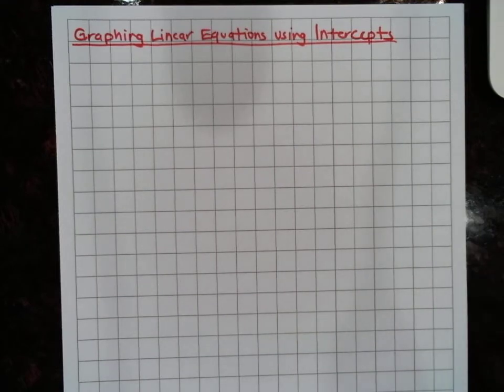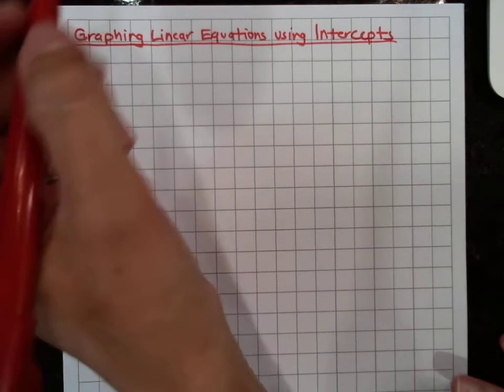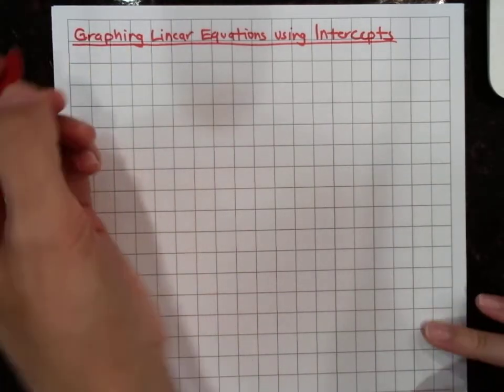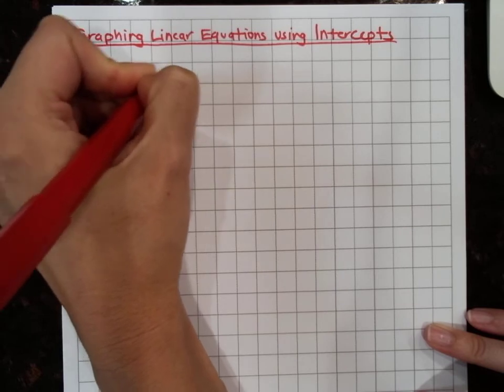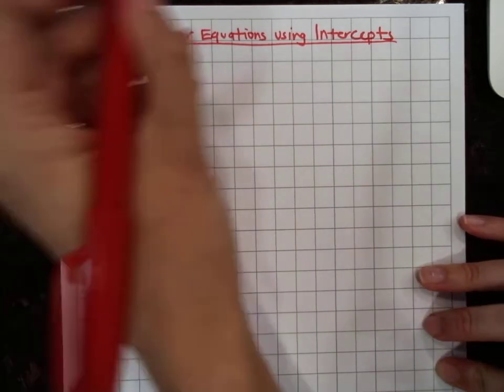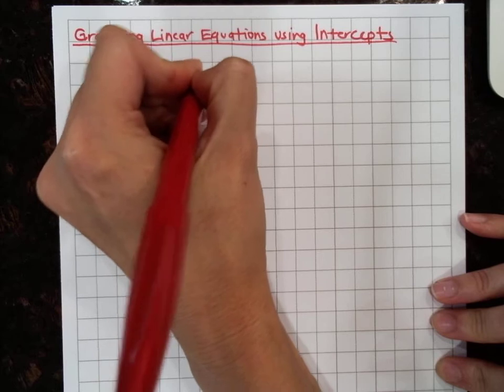Okay, so first let's talk about intercepts. So the x-intercept, it's where the line crosses the x-axis.